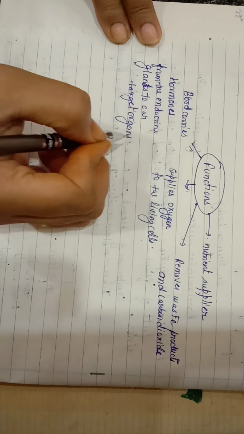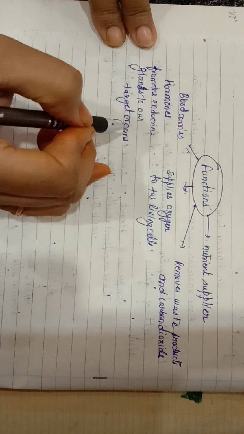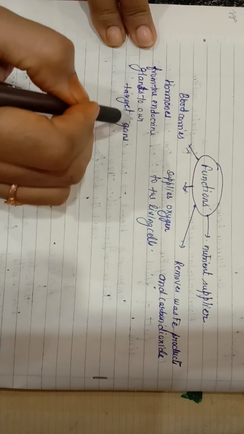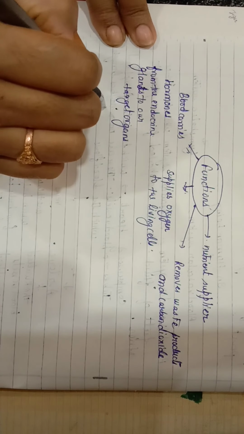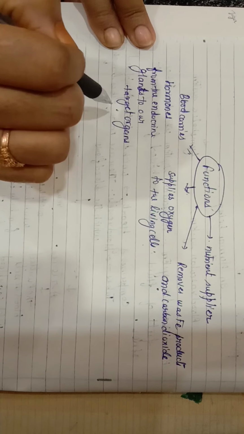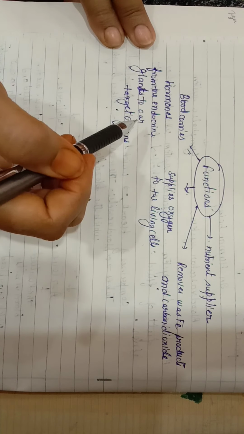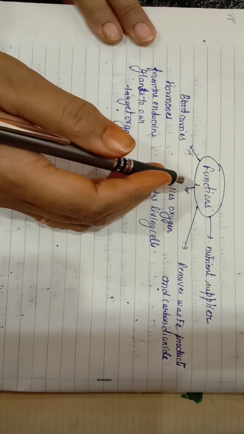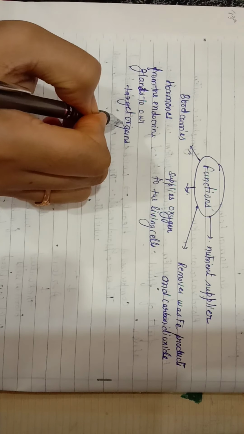Target organs are those organs to which the hormones have to be supplied from the endocrine glands. For example, various hormones are secreted by the pituitary gland and have to be supplied to various parts of our body. So it also helps in the circulation of hormones.